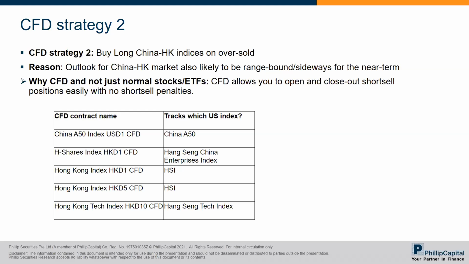So CFD contracts that you can look at will be China A50, the H-share index, the Hong Kong index, which tracks the HSI, and then the Hong Kong Tech Index, as the name suggests. So all these are different ways you can gain exposure through CFD into the China, Hong Kong market.